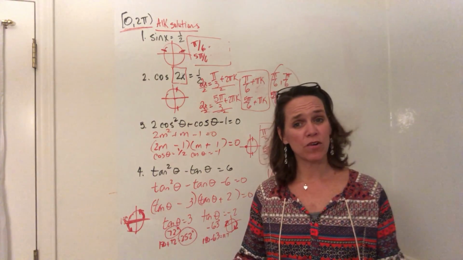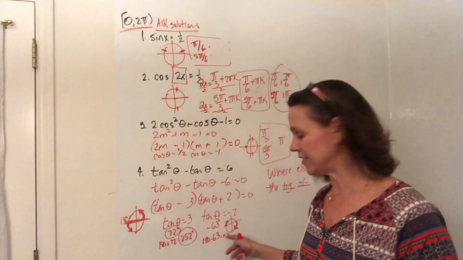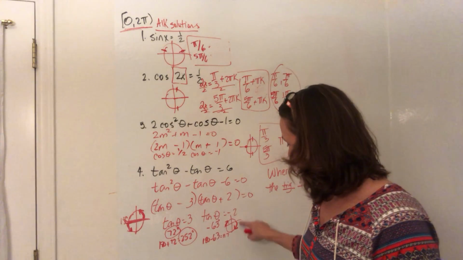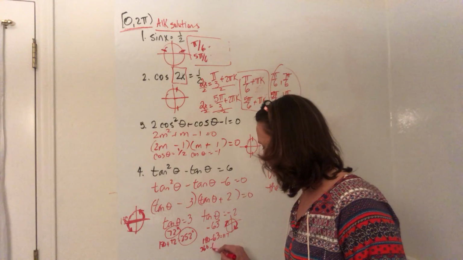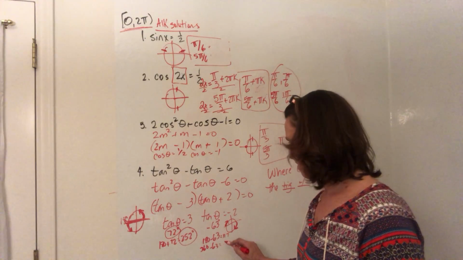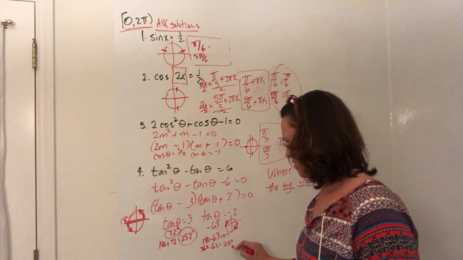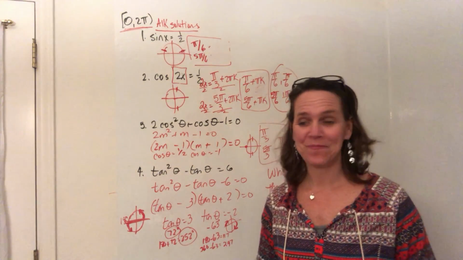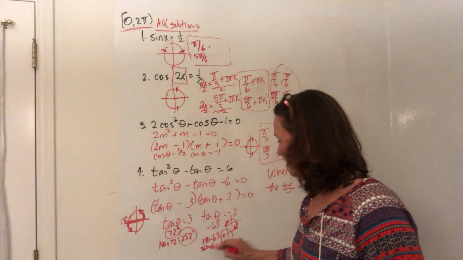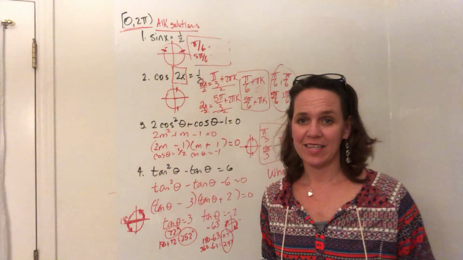If it says between 0 and 360, you've got to call it this way, 360 minus 63. 360 minus 63 would be, I think, 297 maybe? No. Yeah, 297. Okay, so in degrees, these are the 4 answers.